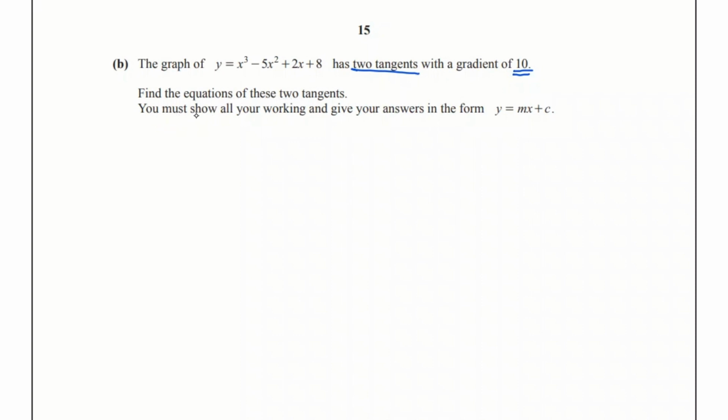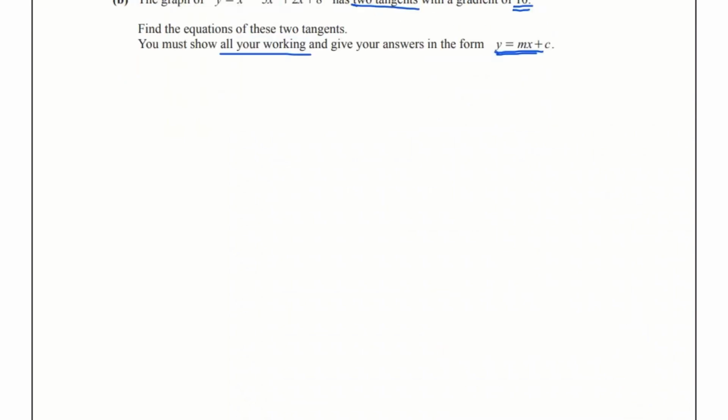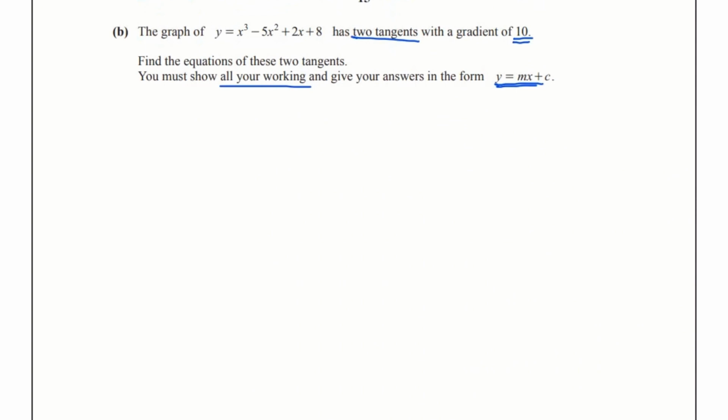You shall show all the working and give your answer in the form y equals mx plus c. This answer is for 7 marks. So you will have to show all the workings. You have to be very careful, write it stepwise so it becomes easy for you.